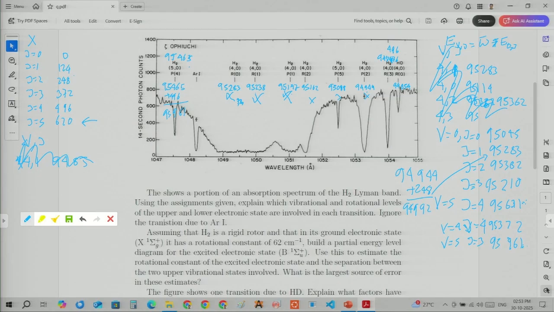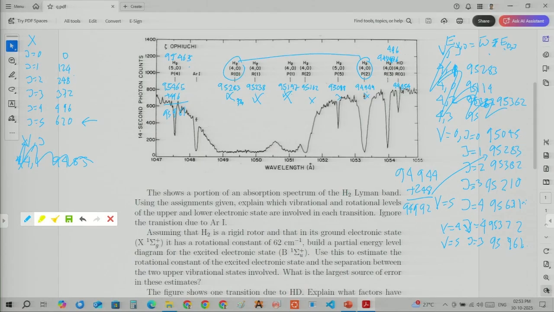Could I ask you guys to take 5 minutes just to check these numbers through and see if we can work out what's right. So the general principle is that the upper energy level is the wave number plus the lower energy level. And you've got one here, which one is it? P2 and R0 should give you the same answer.